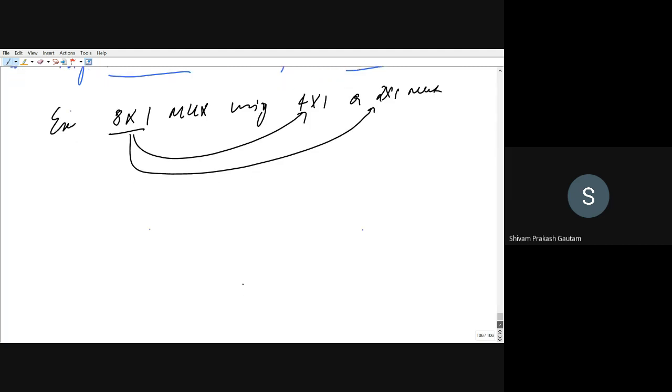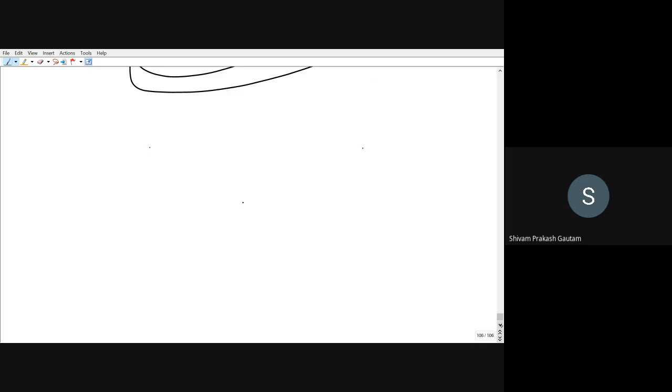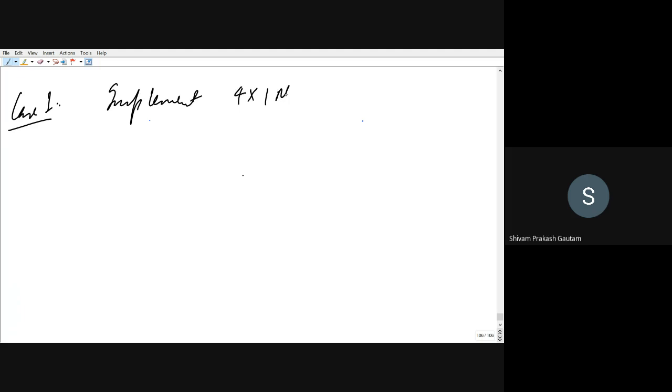So we will take case 1. Here implement a 4x1 mux using 2x1 mux. So we have to implement a 4x1 mux but we only have 2x1 mux.